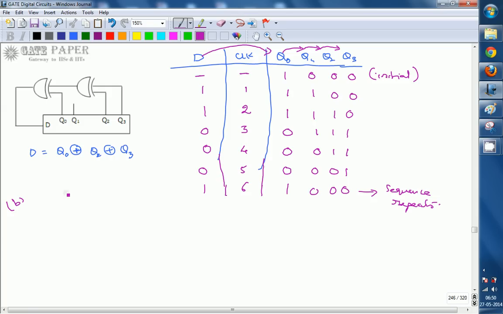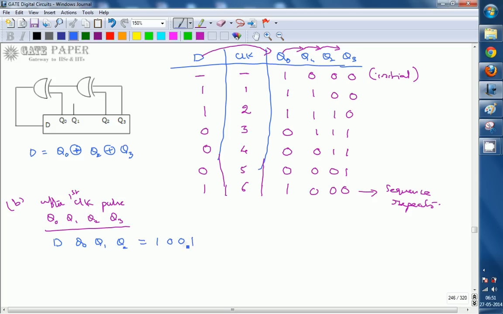So let us assume after the clock pulse what the actual contents will be. After the first clock pulse, Q0 Q1 Q2 Q3 are going to be loaded with D, Q0, Q1, and Q2.